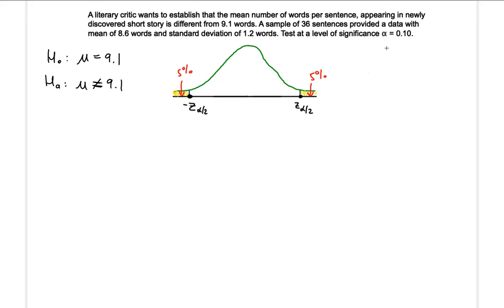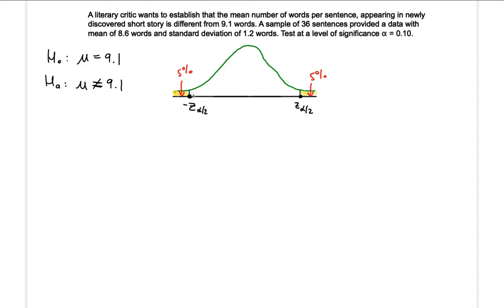And how do I know this is two-tailed? Because this can go in either direction. The mean can be greater than 9.1 or less than 9.1. To accommodate both possibilities at the same time, we have to use a two-tailed test. So we divide our rejection region of 10% equally among two parts, 5% on the left and 5% on the right.